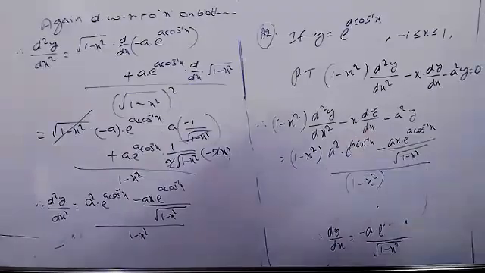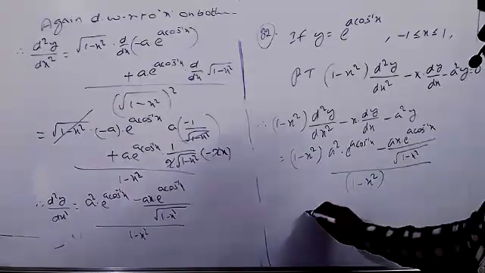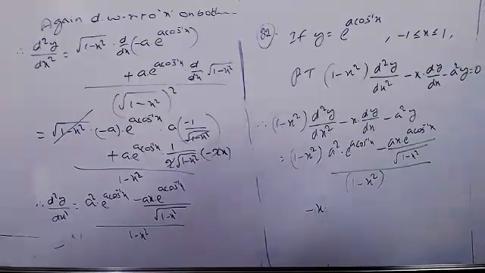The first term it is. And coming to the second term, we can write now. So minus x into dy by dx equals how much we got?